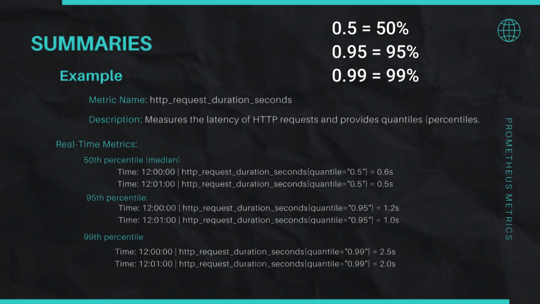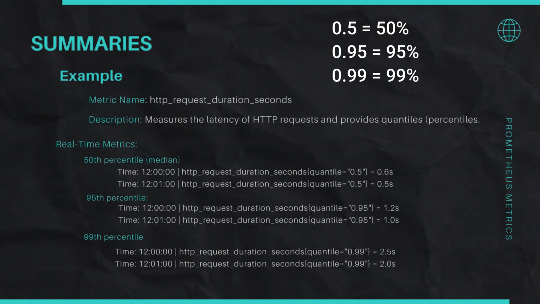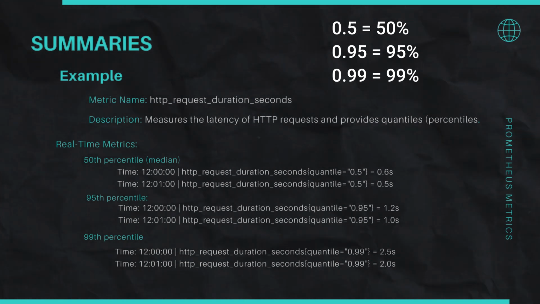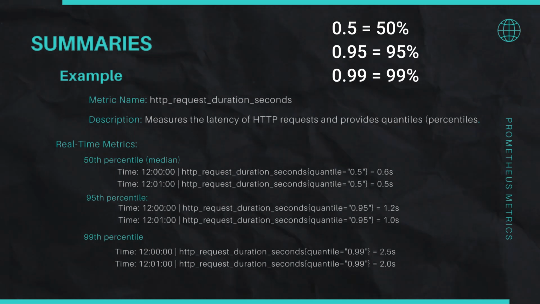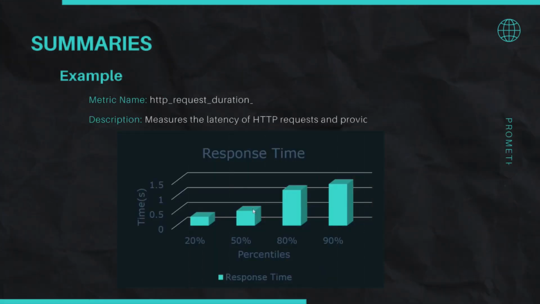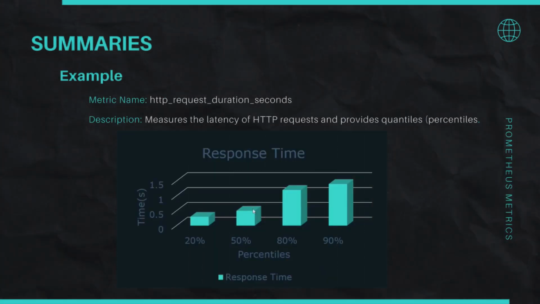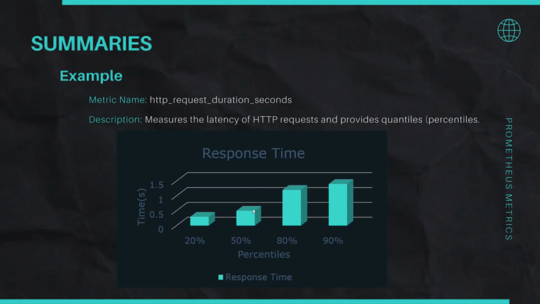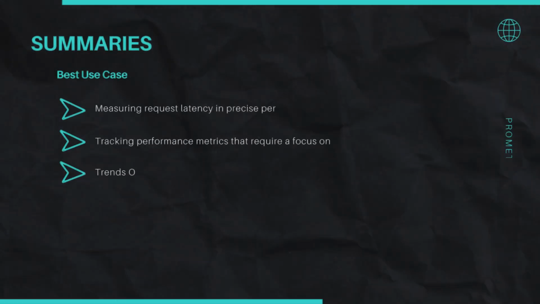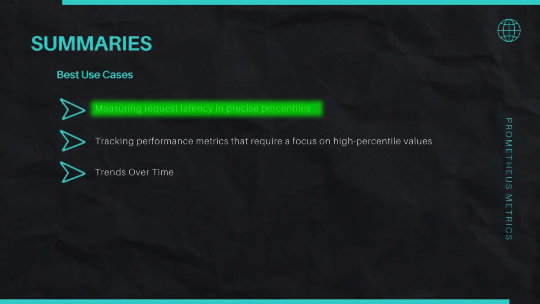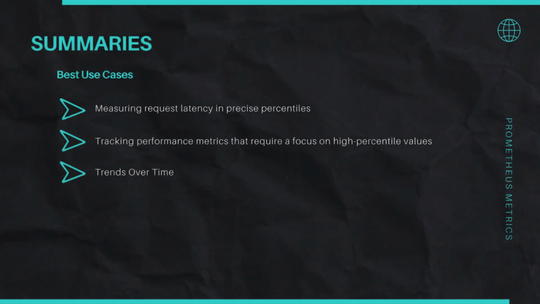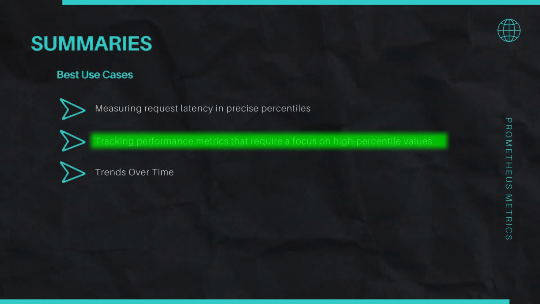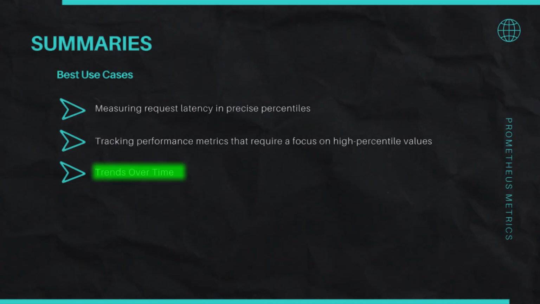The remaining 5% of the requests had durations greater than 1.2 seconds and 1 second. The same concept applies to the 99th percentile. This is how it looks as a graph, in Grafana, with response time buckets on the y-axis and the percentiles on x-axis. Use cases for summaries are measuring request latency in precise percentiles, tracking performance metrics, and identifying trends over time.